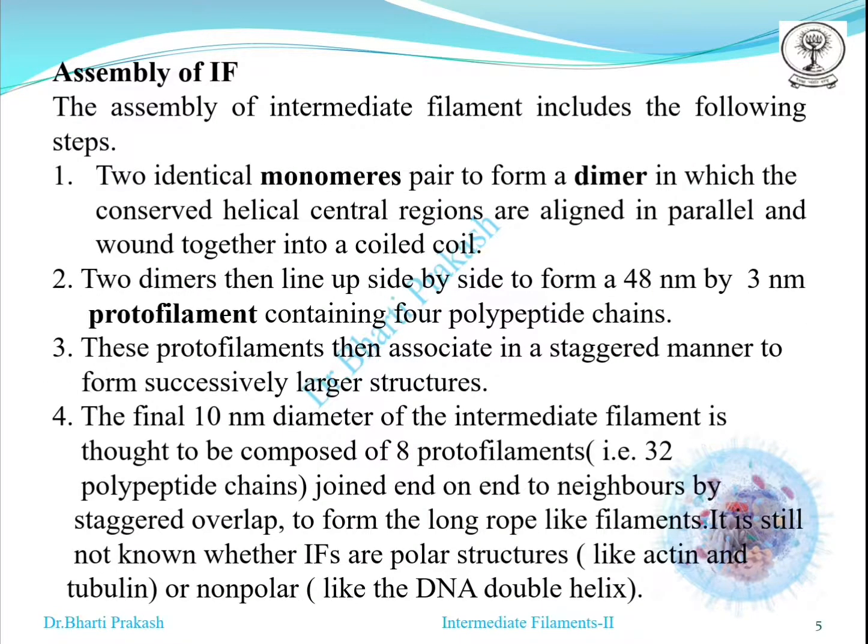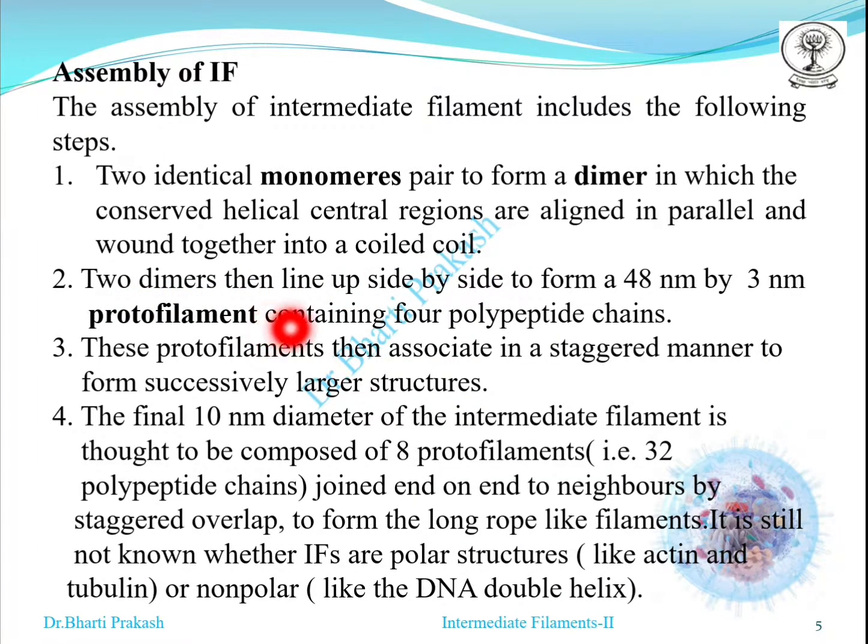Now coming to the assembly of intermediate filaments, this includes the following steps. The two identical monomers pair to form a dimer in which helical central regions are aligned in parallel and wound together into a coiled coil.